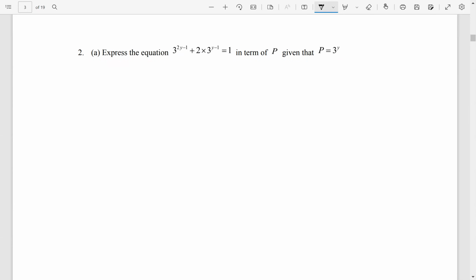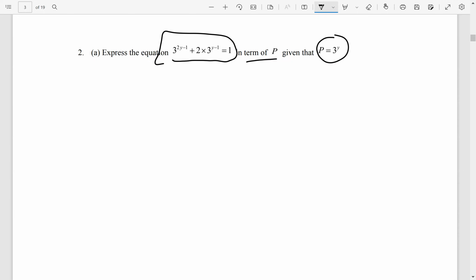Express 3 power 2y minus 1 plus 2 times 3 power y minus 1 equals 1 in terms of p, given that p is 3 power y. So we're going to express this so that at the place where you have 3 power y, we're going to introduce p.